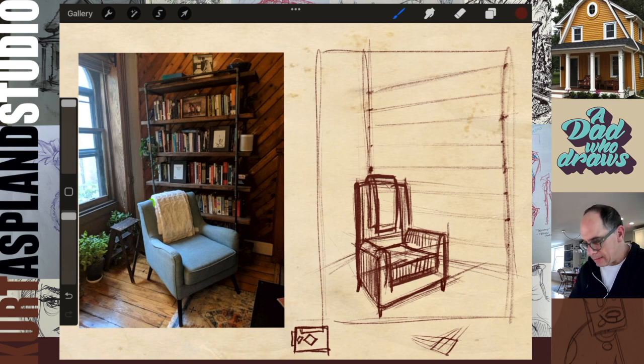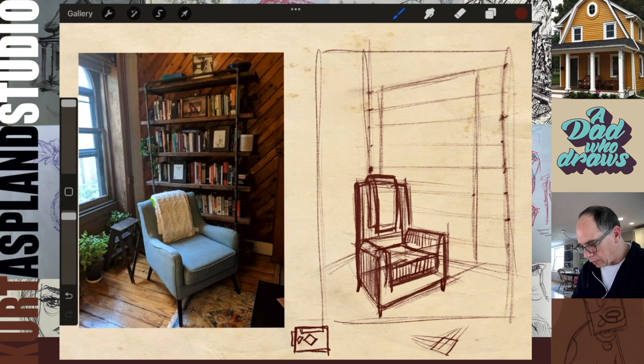All right, let's get this bookcase in. So again, this is the place where it comes in contact with the wall. And so now, okay, this is at eye level.